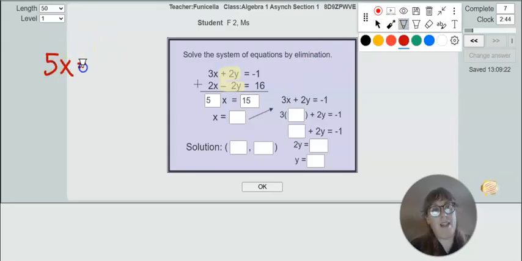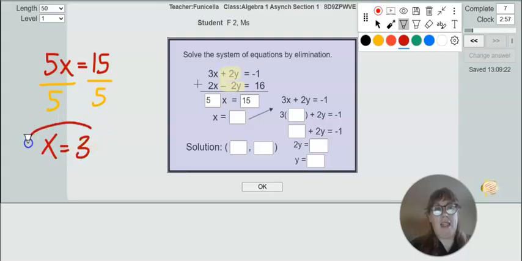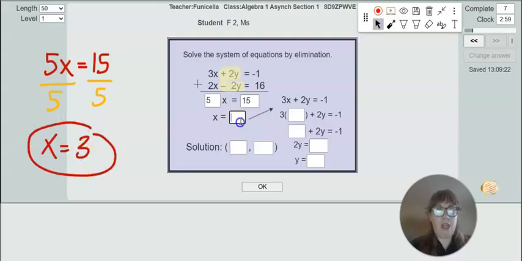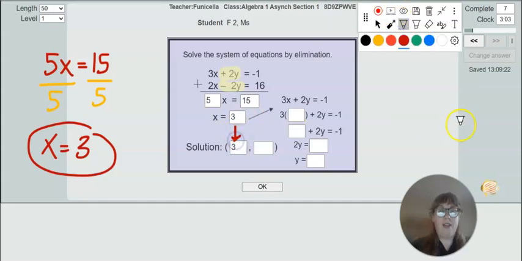So we have 5x equals 15. Now we just have a one-step equation. 5 times x, so the opposite is division. So we're going to divide both sides by 5, and we get x equals 3. And again, that is the solution for our x coordinate.